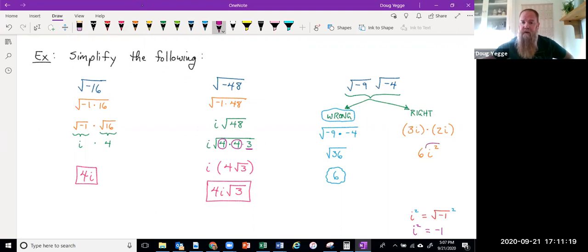So i squared becomes the value negative 1. And that's still multiplied by 6. Which means that my final answer is actually negative 6 and not positive 6. So we should realize that 6 is incorrect.